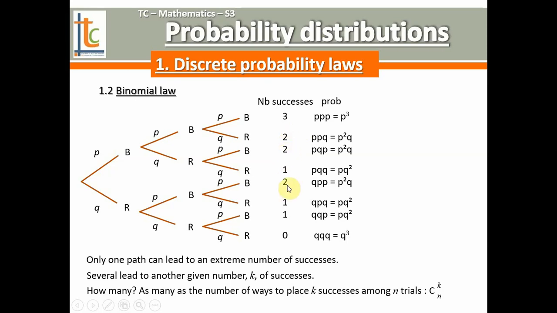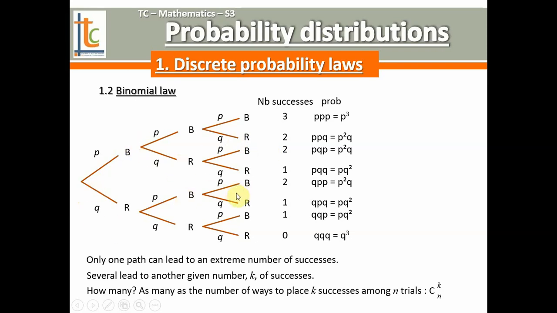And this number of paths equals the number of ways to choose this number of successes among the number of trials. Okay, so what is the number of possibilities to place 2 P's among 3 places? It's 3 because PPQ or PQP or QPP.